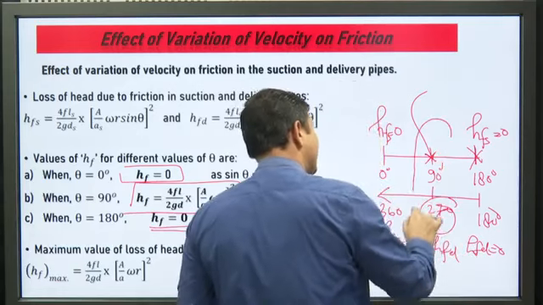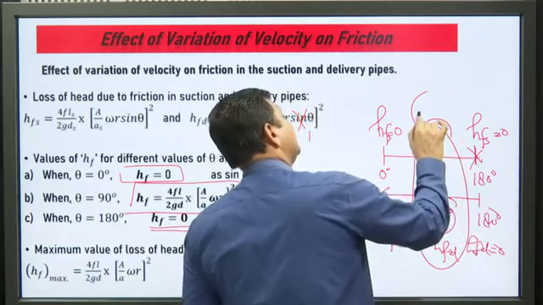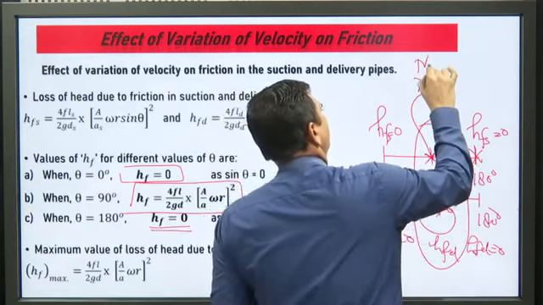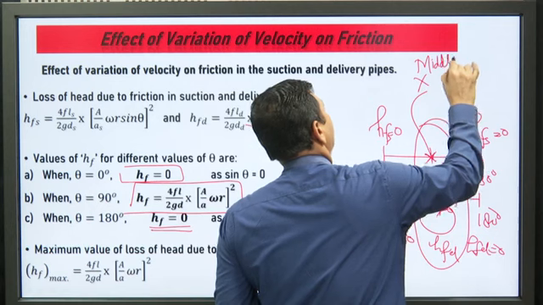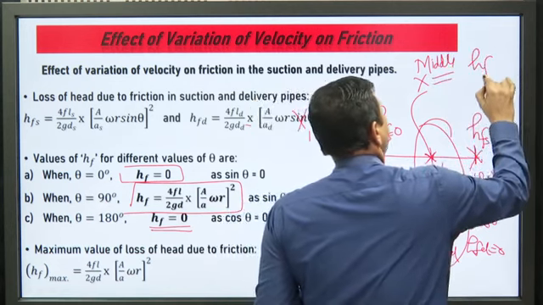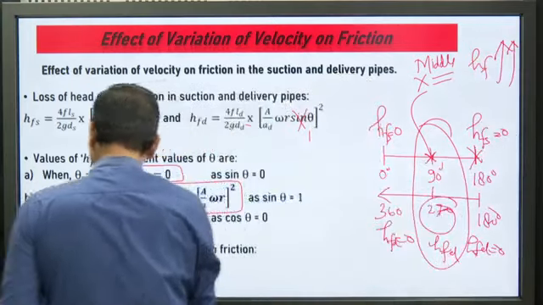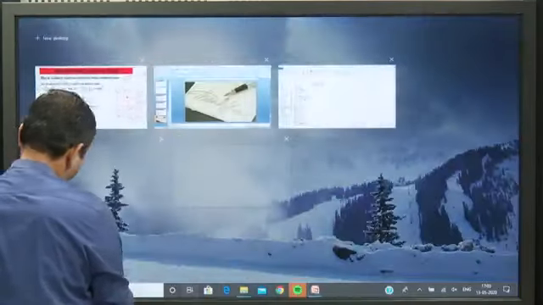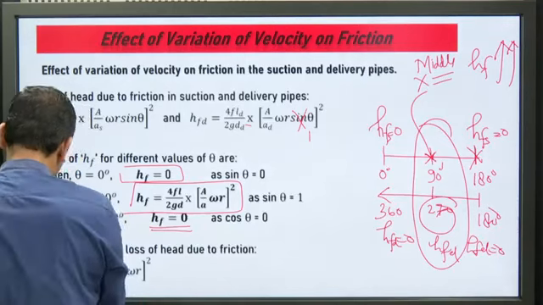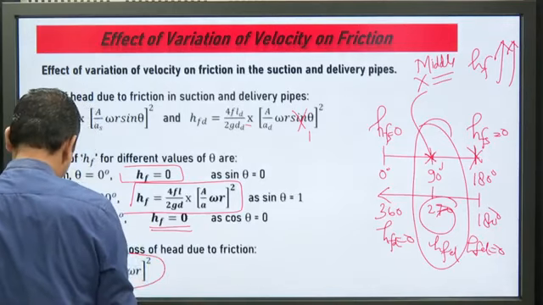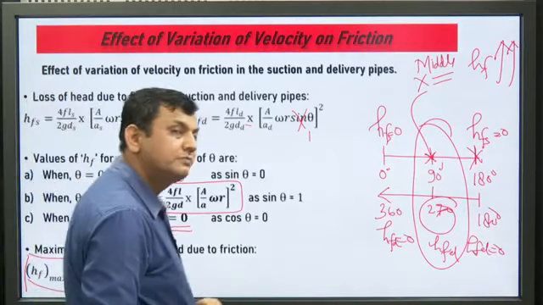So at the middle of stroke, the HF is maximum. This maximum value is this. If you see, this one is the maximum value.